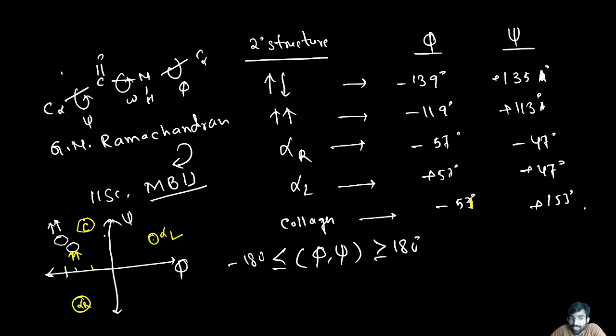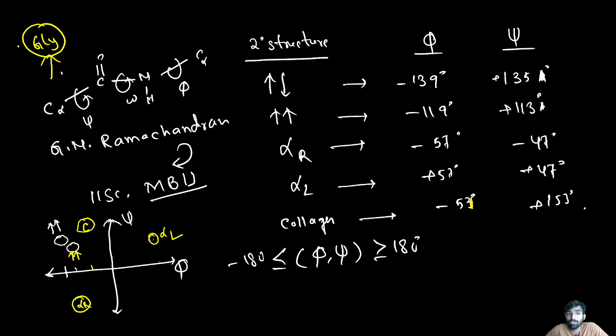Like that, if someone gives you the Ramachandran plot, they can ask at which quadrant you will find left-handed alpha helix and at which quadrant right-handed alpha helix, and you can easily tell through the Ramachandran plot. In the Ramachandran plot, the maximum area is allowed for glycine because glycine has the smallest side chain and there is not much steric hindrance.